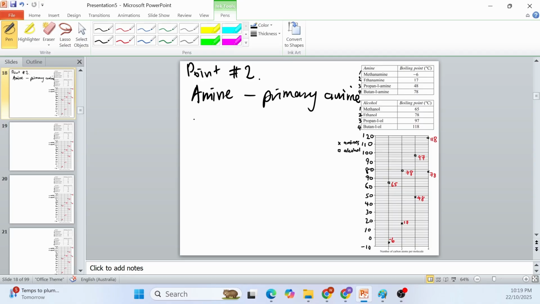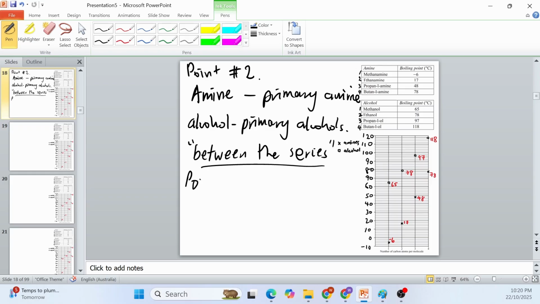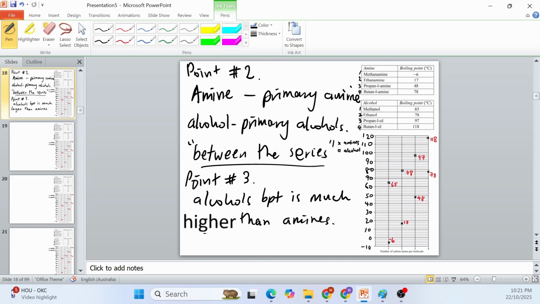Similarly, all the alcohols in this question are primary alcohols. So then we can now definitively compare the two because both are of the primary sense. Point number 3, we can see from the graph that overall alcohols have higher boiling points than amines. This is relevant to between the series.